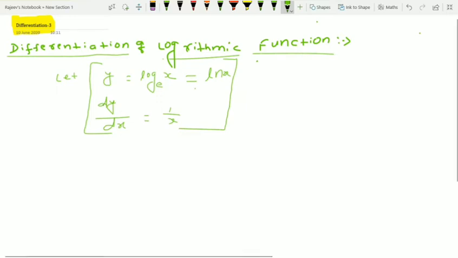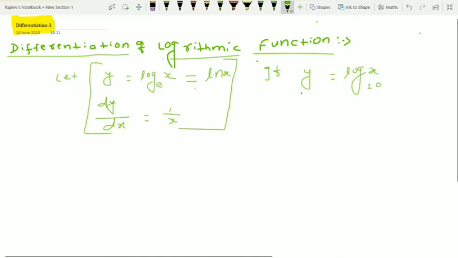If anybody says that y is equal to log x, you know log x means its base is 10. So you cannot differentiate this one directly. First of all you have to convert this into ln x.